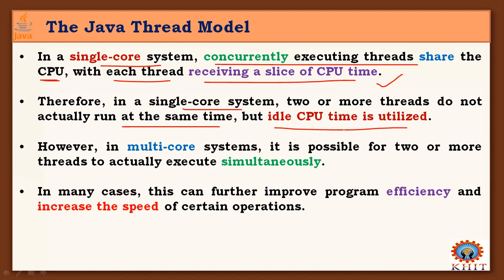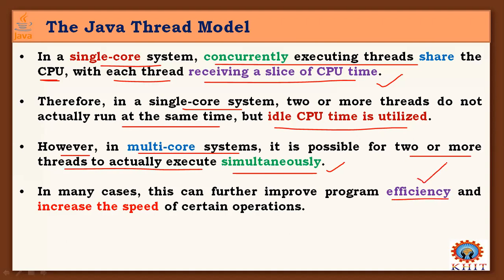We can utilize the idle CPU time by context switching among the thread execution paths. However, in multi-core systems, it is possible for two or more threads to actually execute simultaneously, meaning in parallel. In many cases, this can further improve program efficiency.